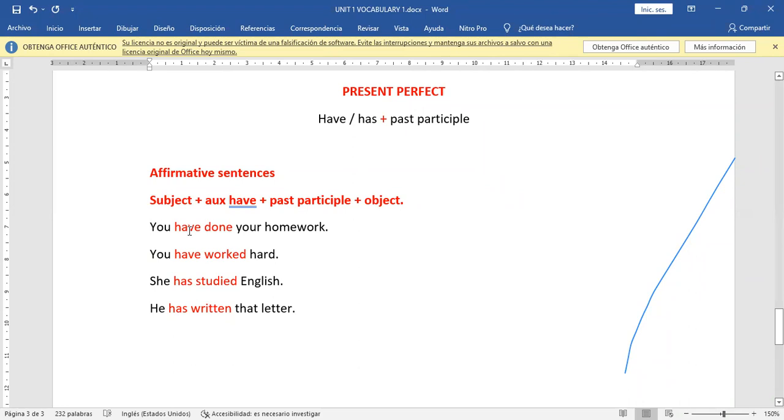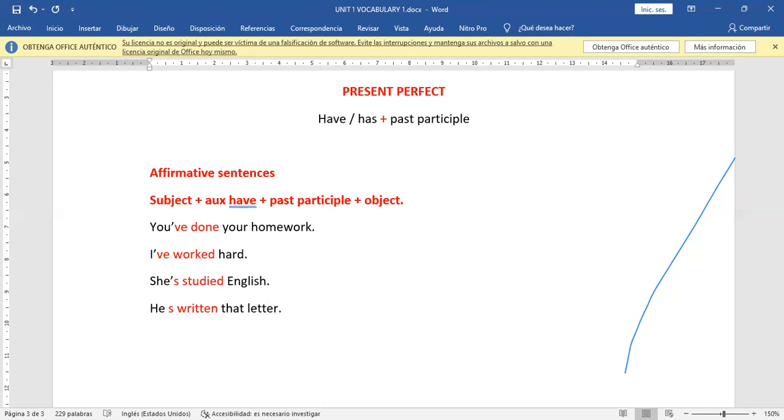Okay. Contractions. We can contract. Pay attention. Contraction: you've. We can change the subject. I've done, I've worked. She has, she's studied English.